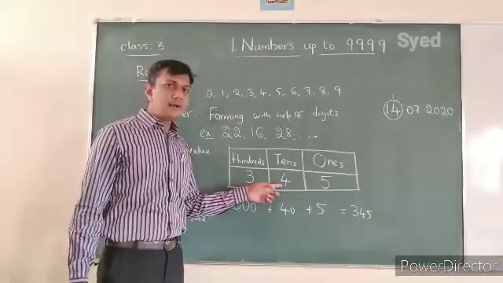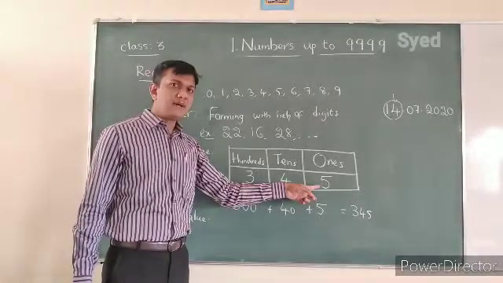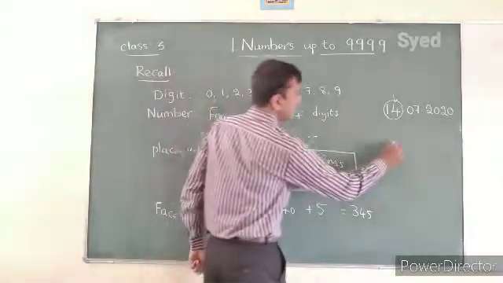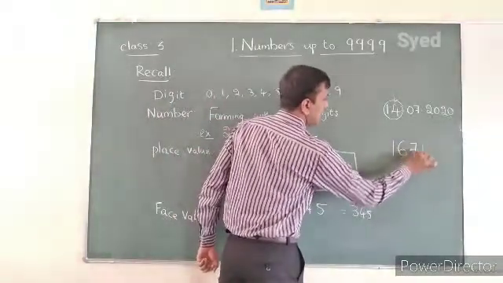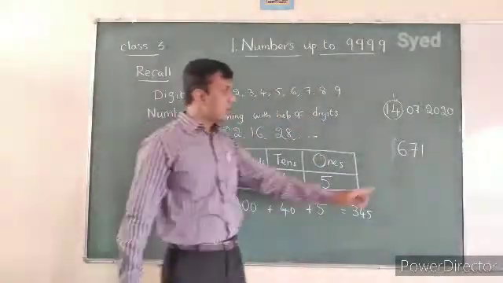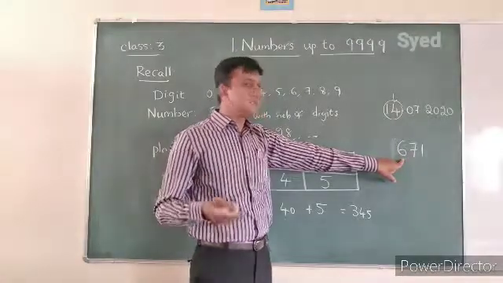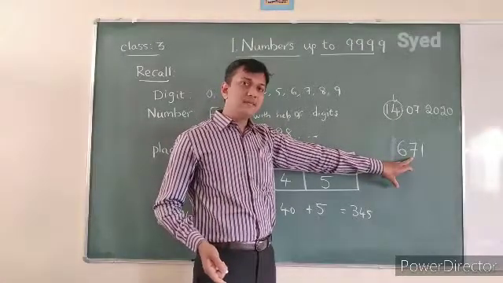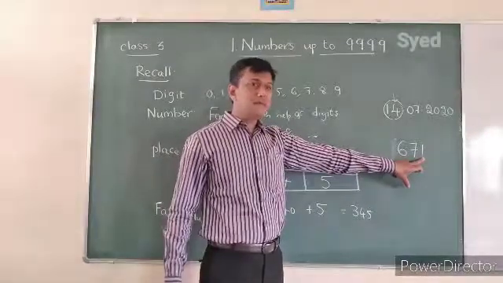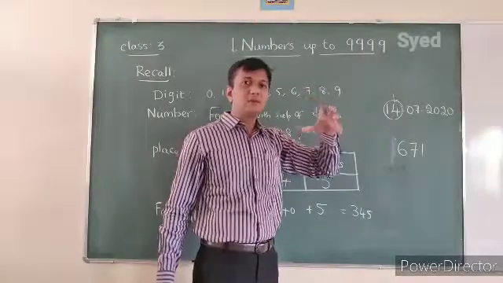What is the face value of 4? 4 itself. 5, face value, 5 itself. If you take any number, for example, this 3-digit number, 671. What is the face value of 6? 6 itself. 7, face value 7 itself. Here 1 itself. There is a difference between face value and place value.